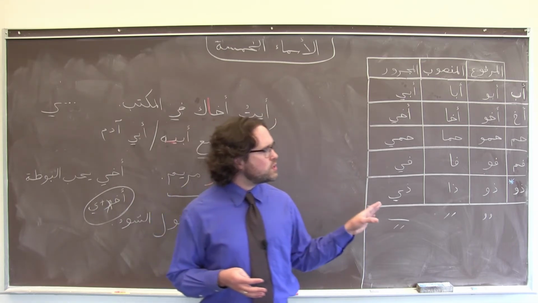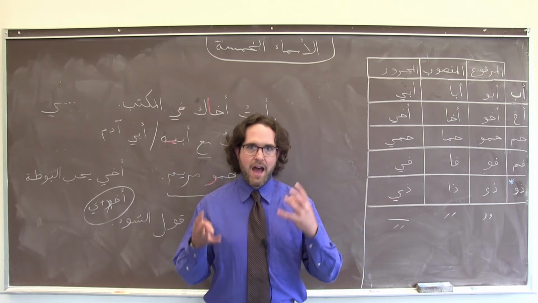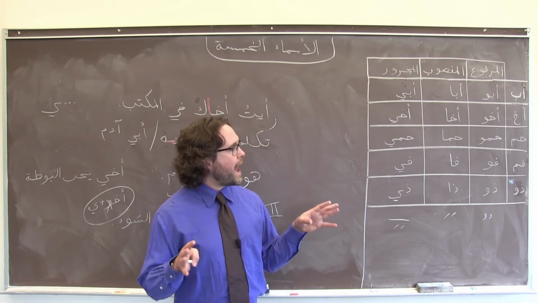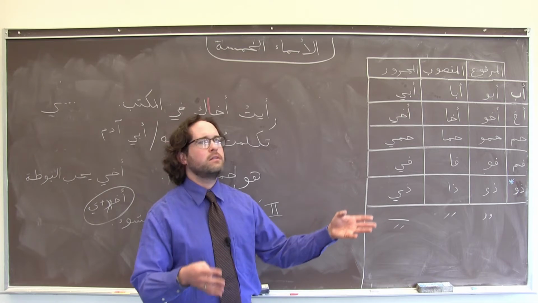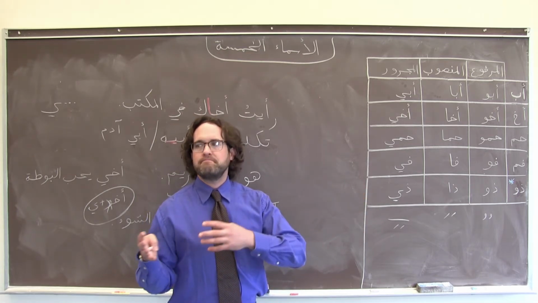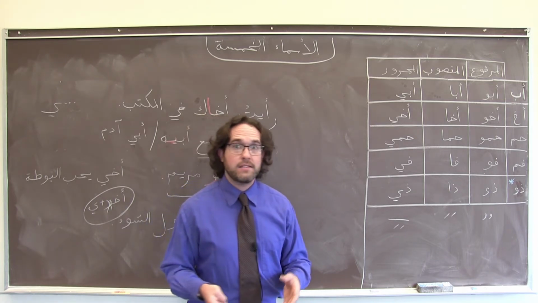But dhu is typically reserved for physical attributes, like having blonde hair or blue eyes, for example, or abstract qualities. Someone who has a lot of administrative experience or has a great knowledge, something like that.